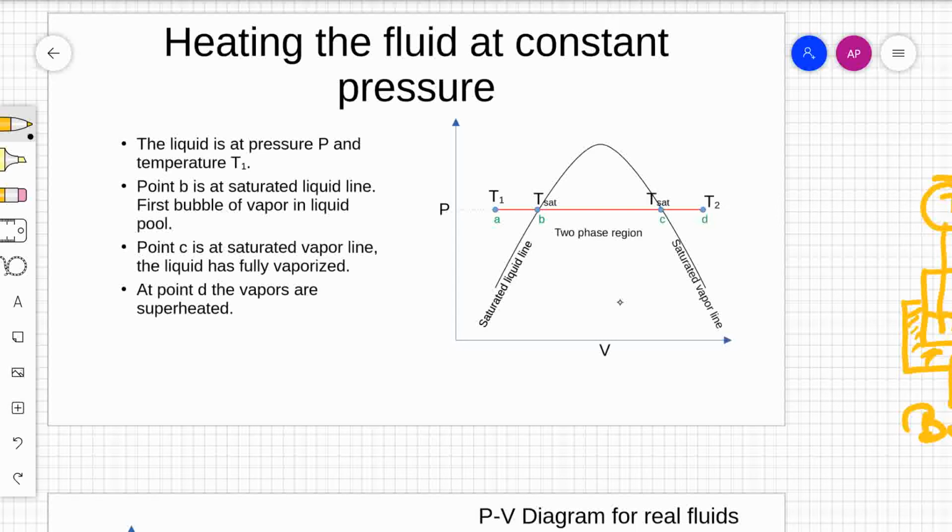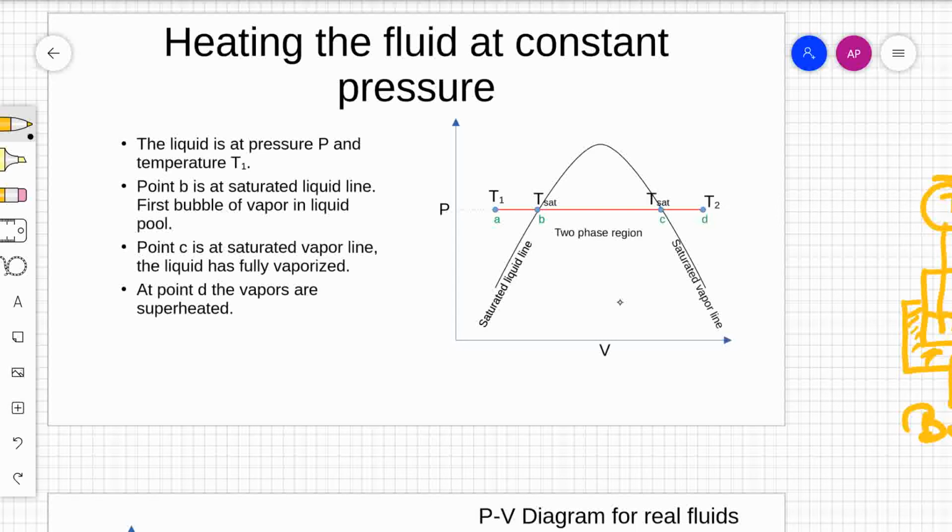Next, pay attention to the two-phase region. Now, what exactly is this two-phase region? When we start heating the liquid and it comes to the saturated liquid state, a specific amount of heat is required to convert the entire liquid to vapors. This is known as the latent heat.